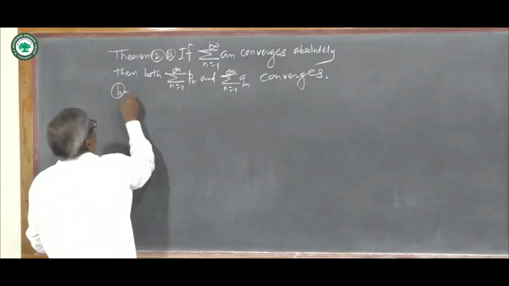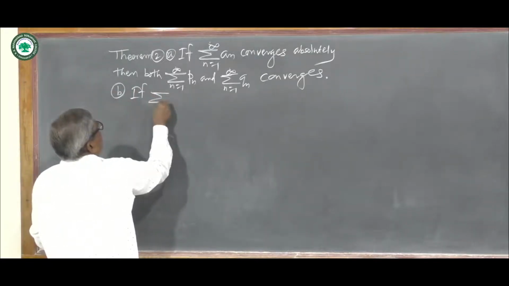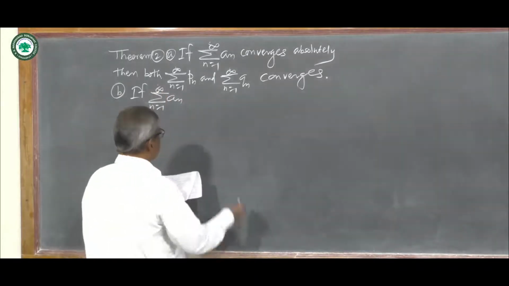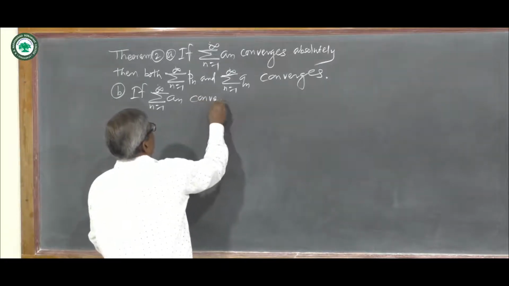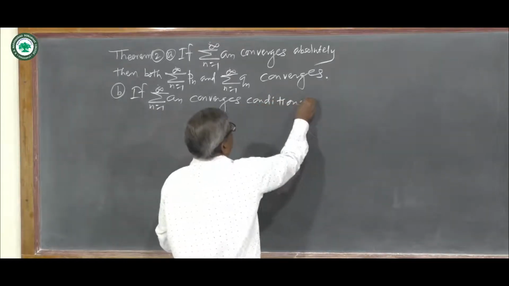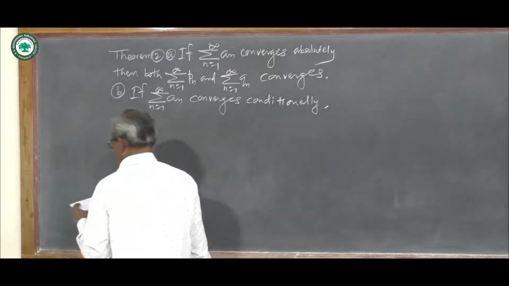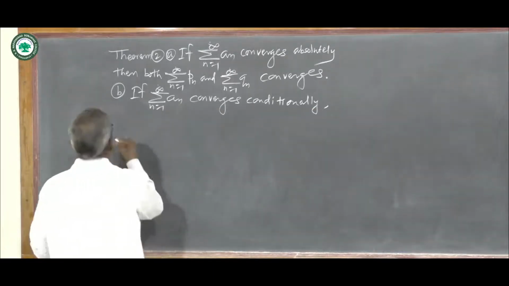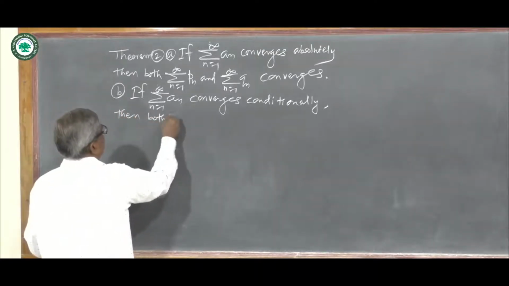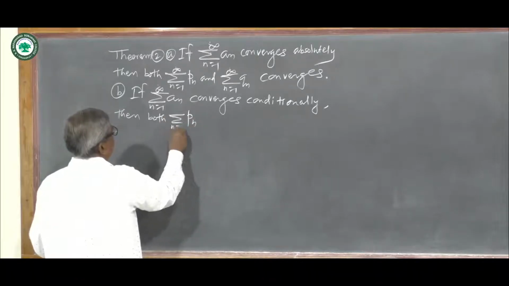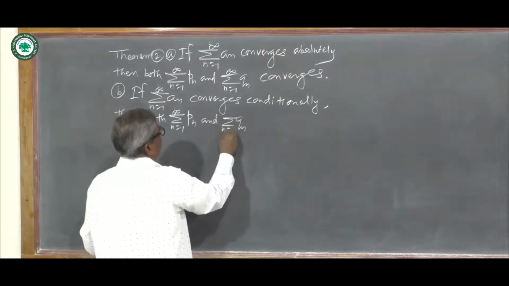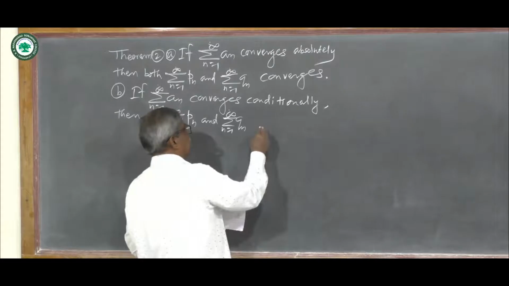B: If sigma a_n, n equal to 1 to infinity, converges conditionally, then both sigma p_n and sigma q_n, n equal to 1 to infinity, diverge.